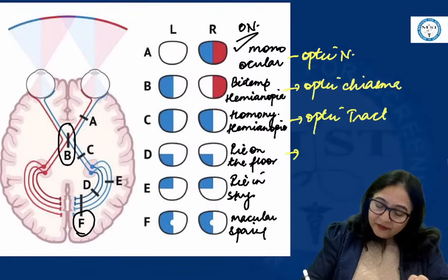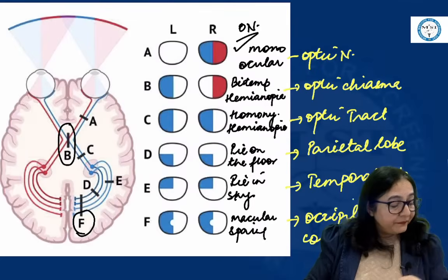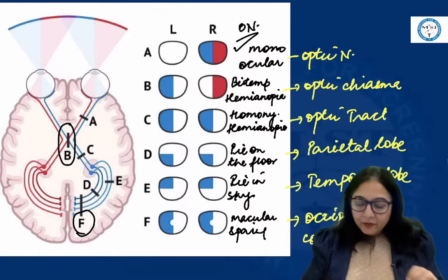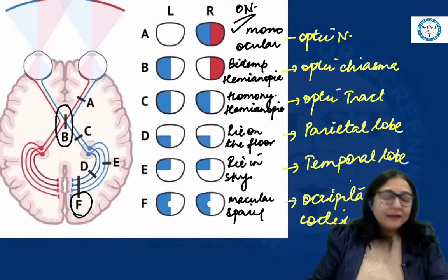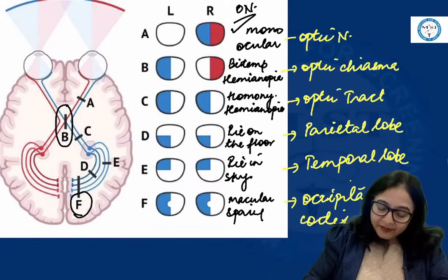Optic radiations in the parietal lobe, pie on the floor. Optic radiations in the temporal lobe, pie in the sky, and macula sparing homonymous hemianopia in the occipital cortex. All good for you? Yes, the Meyer loop is in the temporal lobe and the Baum loop is in the parietal lobe. Great. All right.